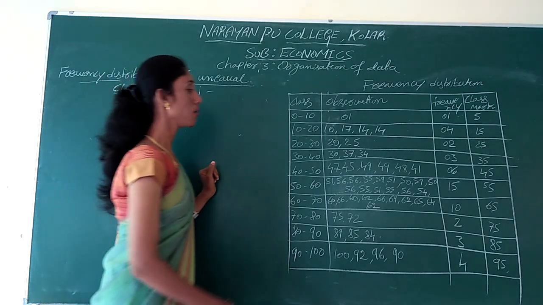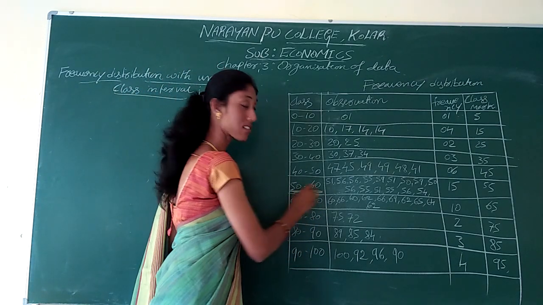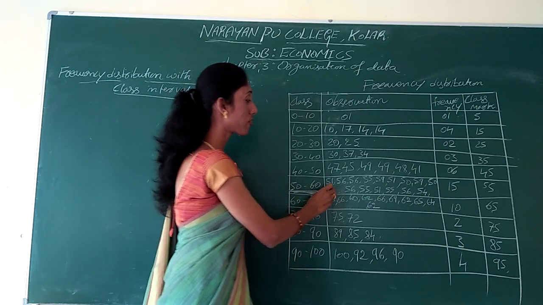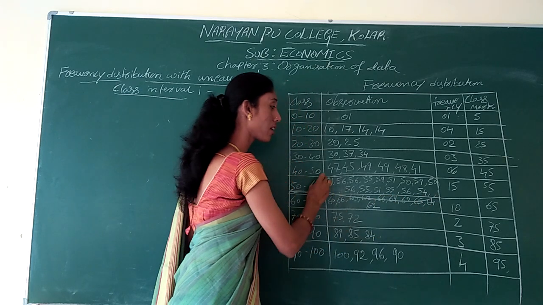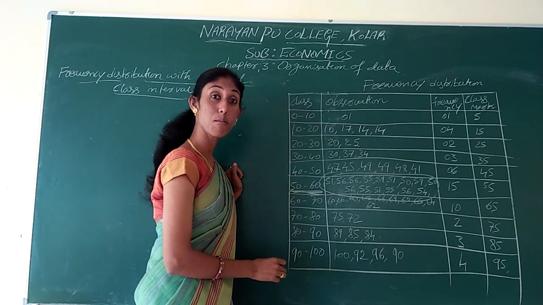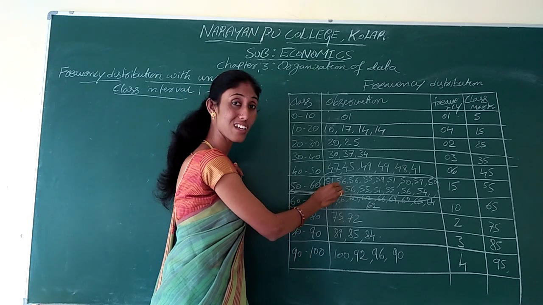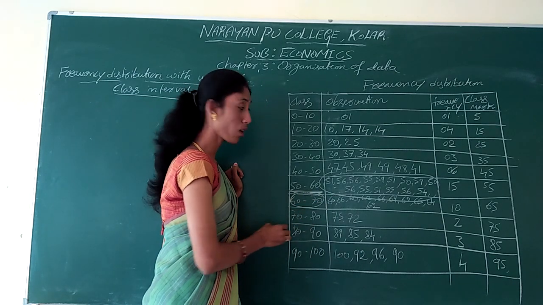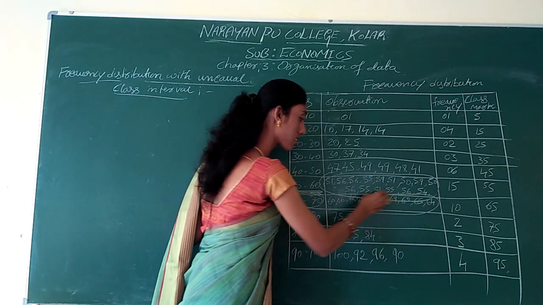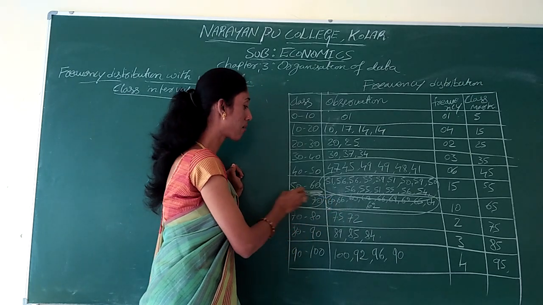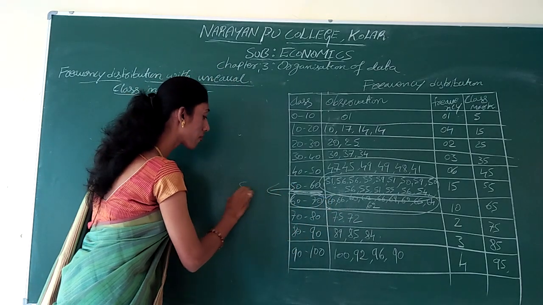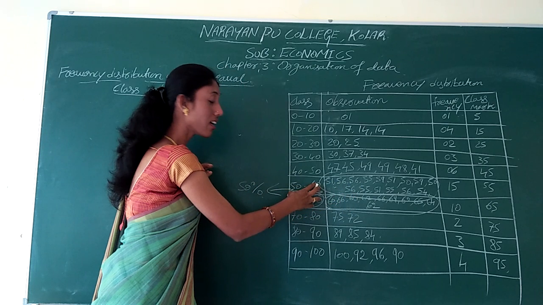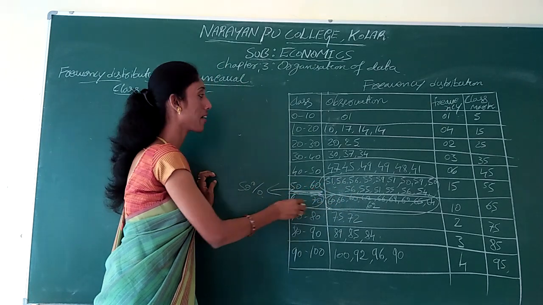Observe here, class 50 to 60. There are 15 values or observations in that one particular class, and in 60 to 70 more than 10 values are there. It means more than 50% of values or observations are concentrated in only these two classes.